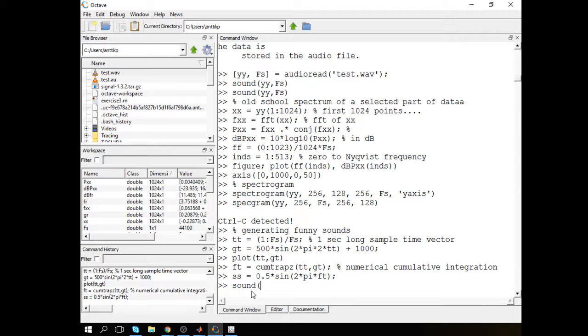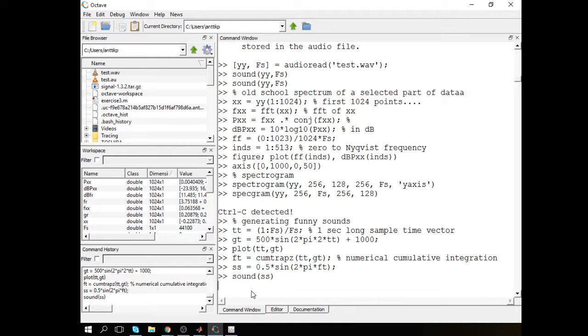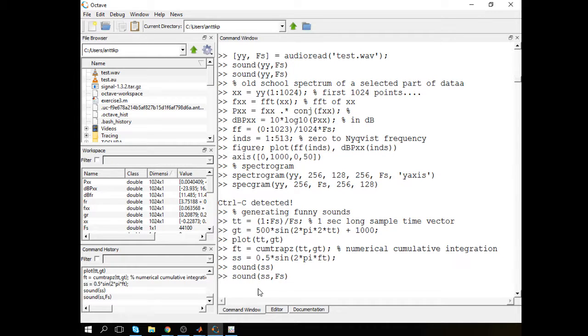And let's see, sound s. Sampling rate is not right. I forgot to put the sampling rate. Oh, yeah.